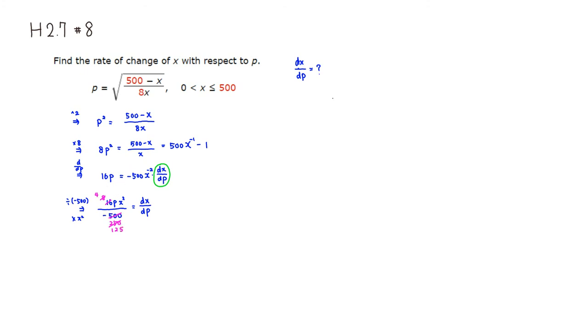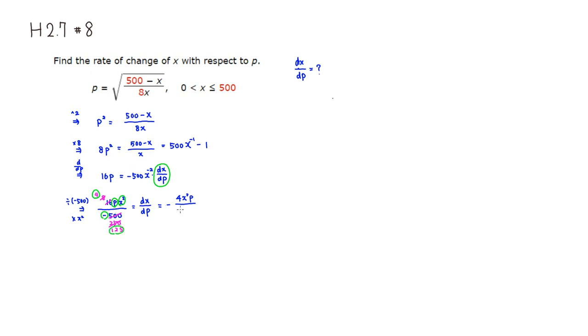The negative will take care of this negative sign. Then you still have 4x squared p over 125.